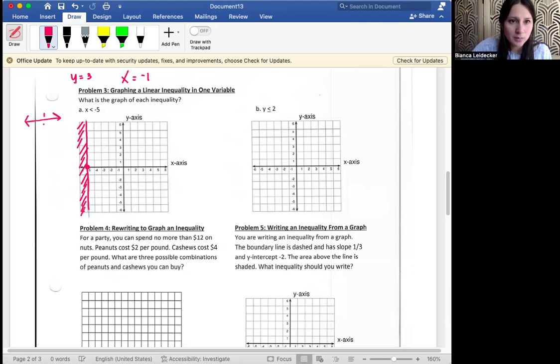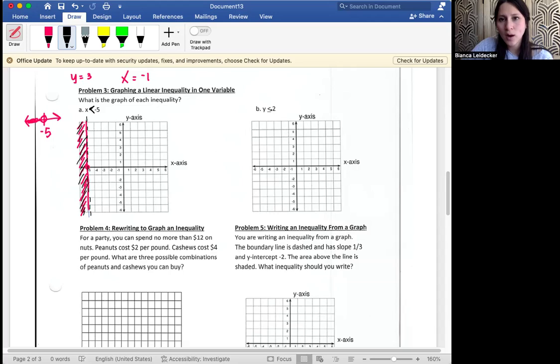If you were to draw this on a number line, -5 is here. It would be anything to the left. Now be careful here because this line should not be a solid line. It is a less than symbol. So when I look at my line, it should actually be a dotted line, because that dotted line or solid line is going to tell you what type of inequality you're using. So trust what I have in the black. It should be shaded to the left of this dotted line intersecting at -5.